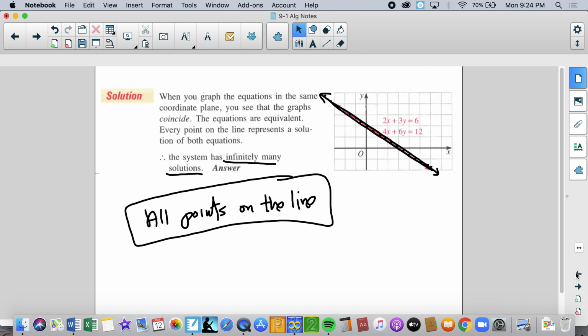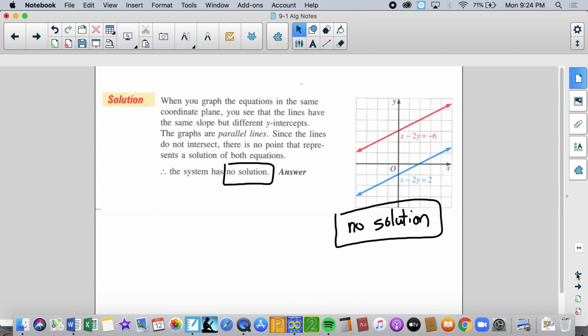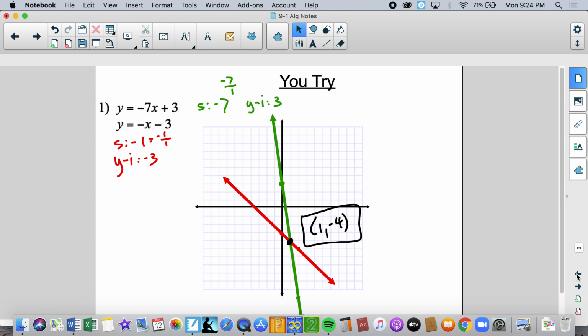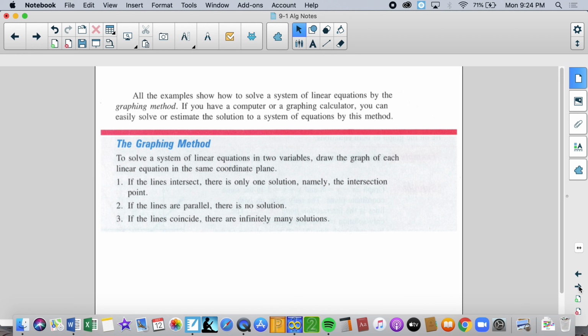Cool. So you can have 3 different types. You can have where they are the same line, where they are parallel and don't intersect, and where there is one solution. So to solve, if the lines intersect, there is only one solution, namely the intersection point. If the lines are parallel, there is no solution.